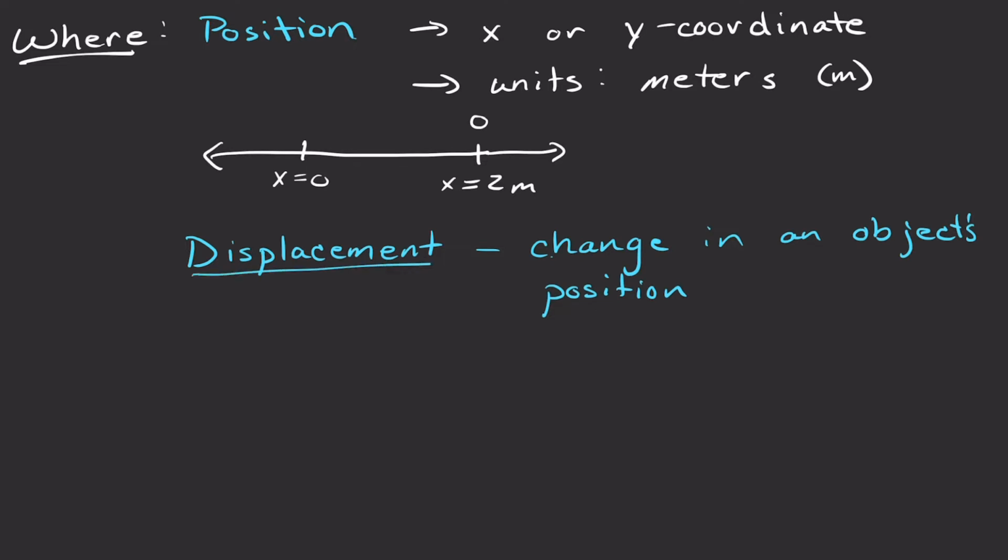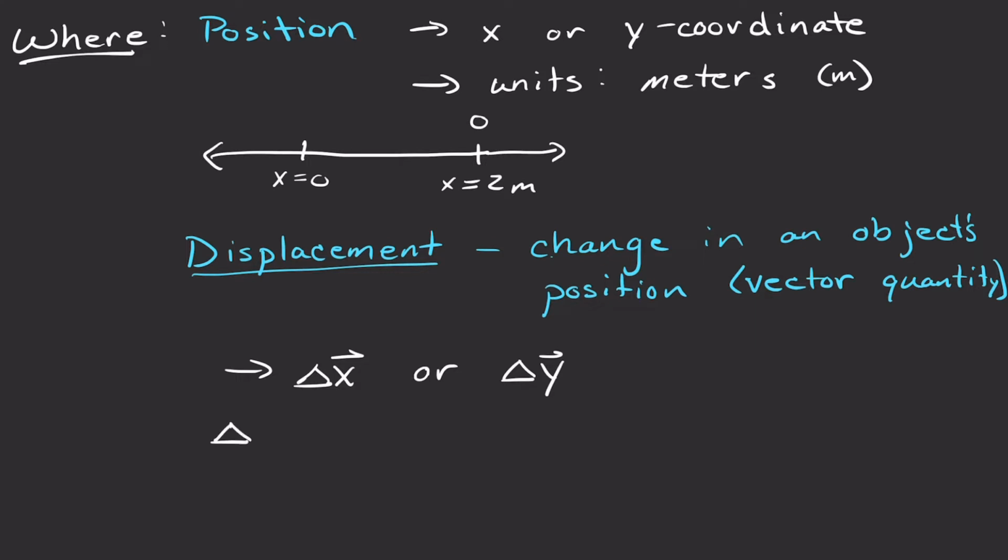And one important thing about displacement, it is a vector quantity. Okay, so we might write displacement as delta x. So delta, this just means change in, and put our little vector hat. Or if you're moving up and down, have delta y, also with a vector hat.